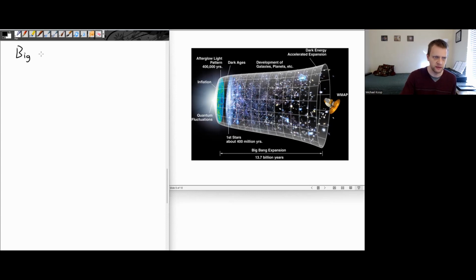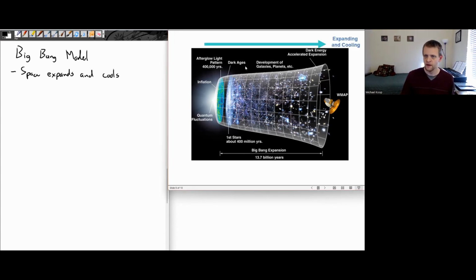So the Big Bang model. Basically, the entire picture of the history of our universe is of expansion and cooling. Space expands and cools down. So overall, the universe is starting in this hot, dense state, as the theme song to the TV show Big Bang Theory states quite eloquently.